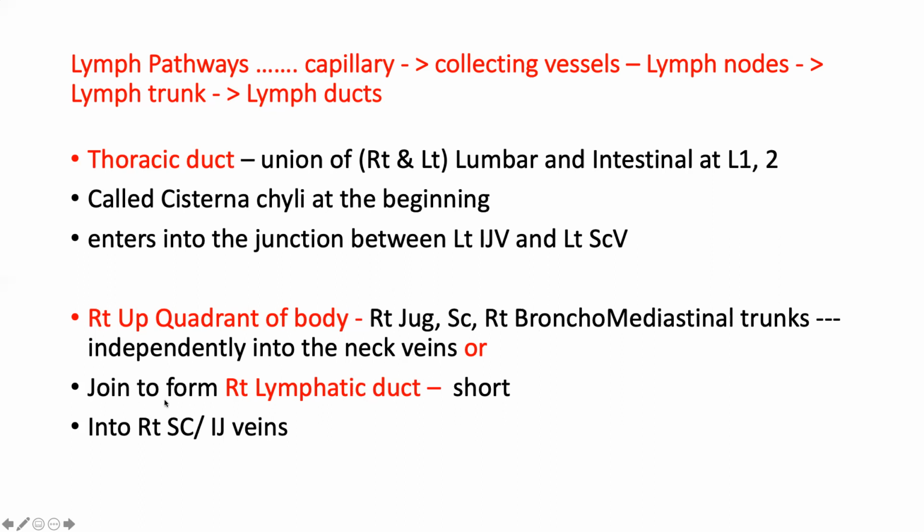Or they might join to form the right lymphatic duct, which is pretty short, or they will just drain into the right subclavian or right internal jugular vein. So that's the way it will just drain into the nearby large veins on the right side of the head and neck, right upper thoracic region, and right upper limb region.